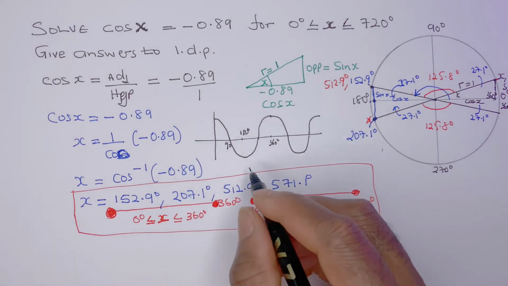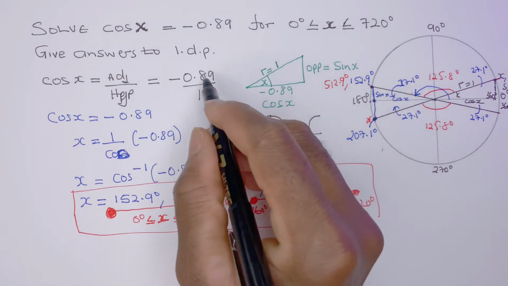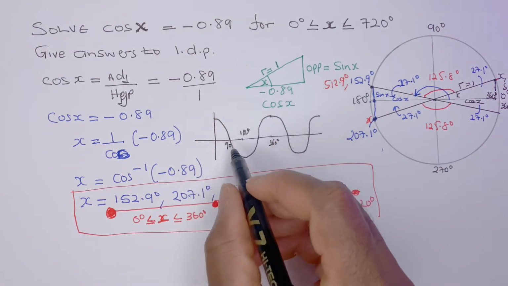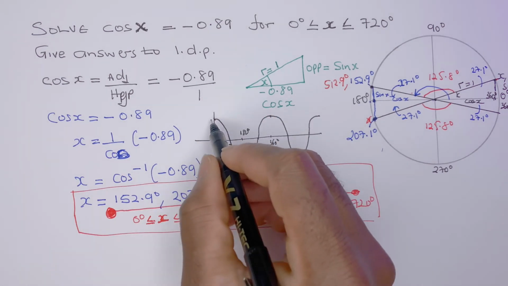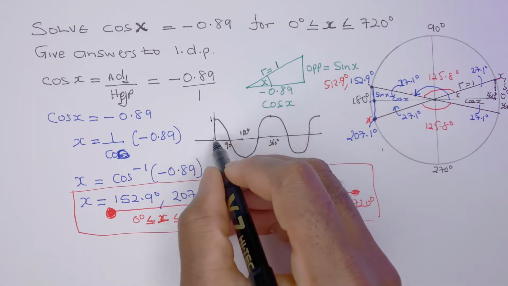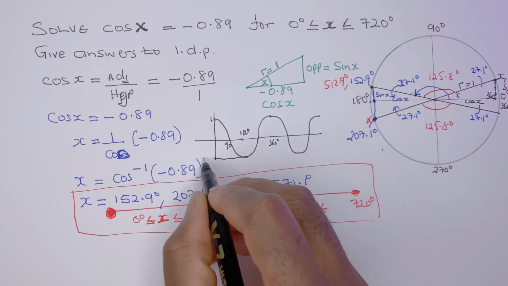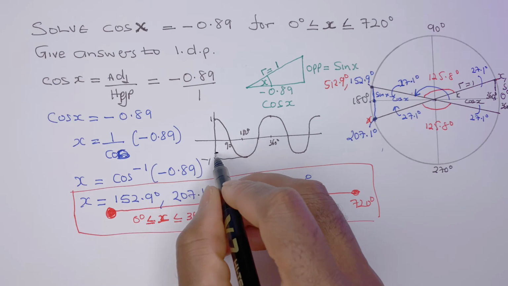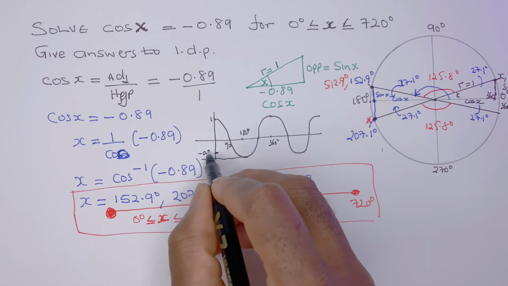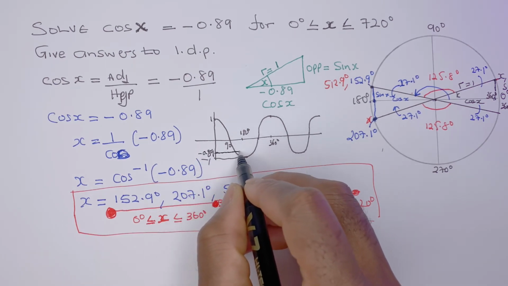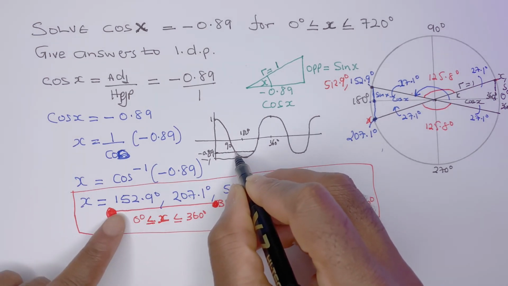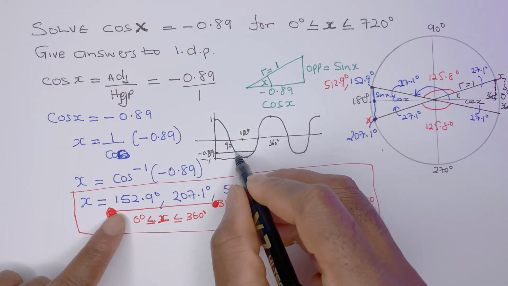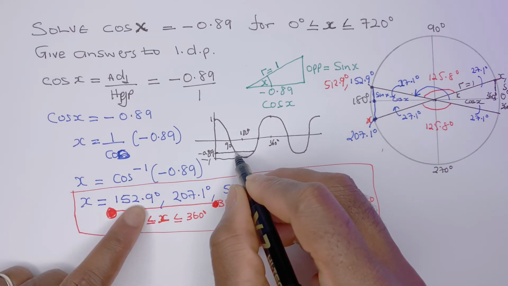But the value we found was minus 0.89. So this is x here, because we're plotting cosine. This is 1, and here is minus 1. Minus 0.89 is here. So if you trace it down, you get these 2 values. The first one is greater than 90, so 152.9 degrees.